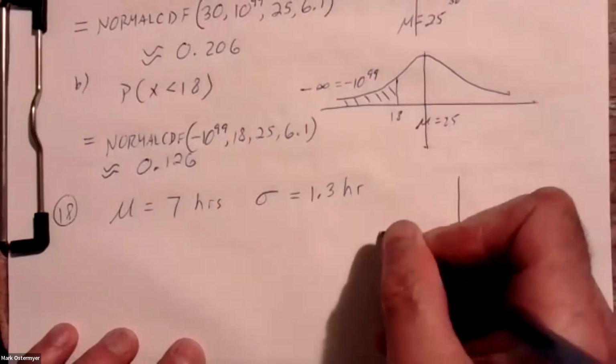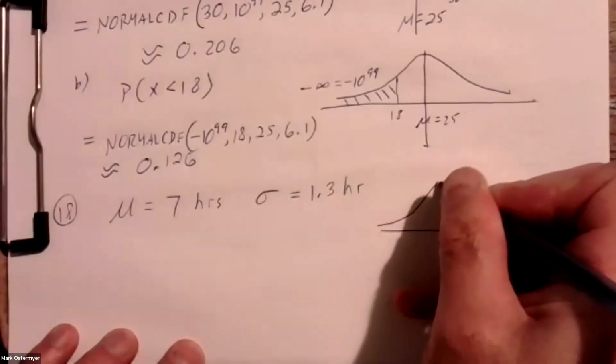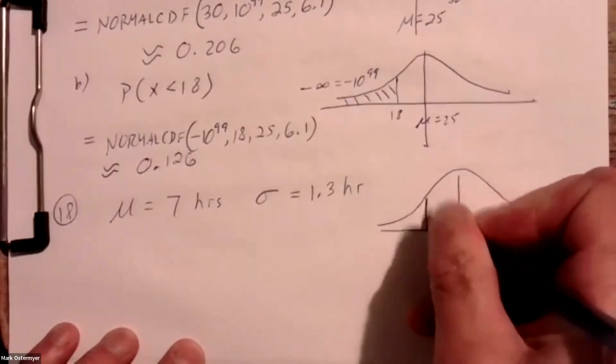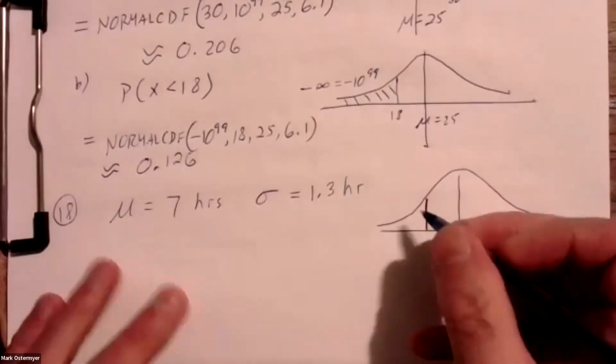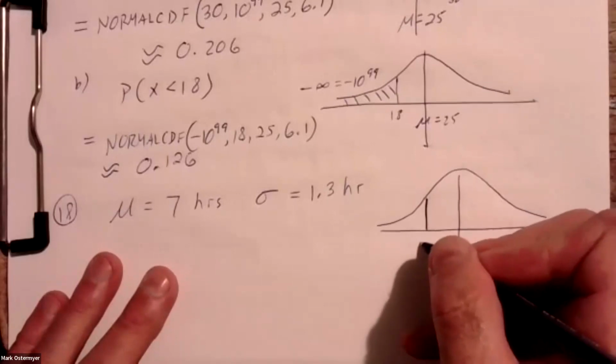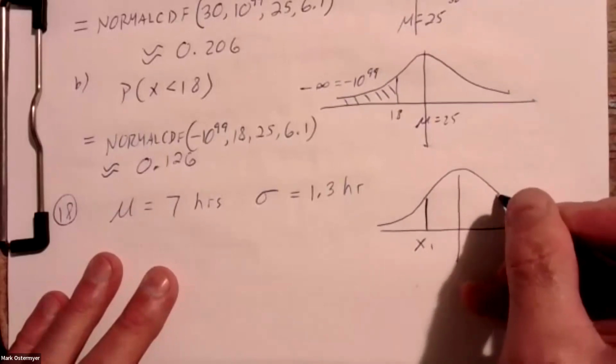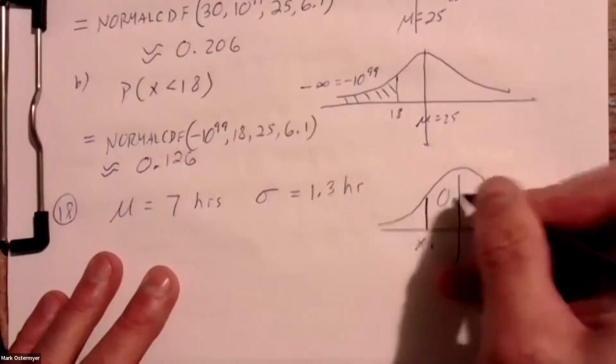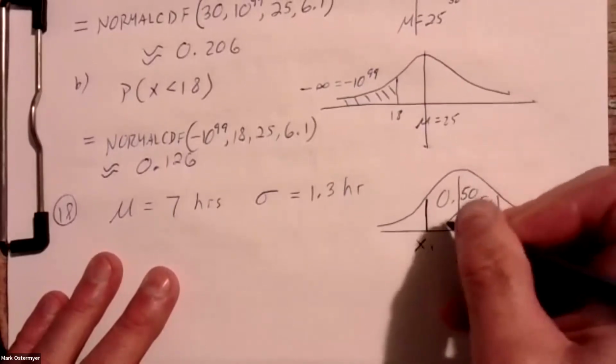So what we're interested in finding here for this normal distribution is the times x sub 1 and x sub 2, in between of which lies 50% of the area of the curve. 0.50 is this area in the middle here.